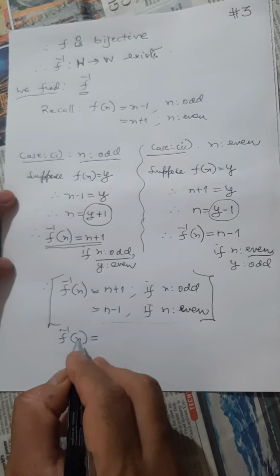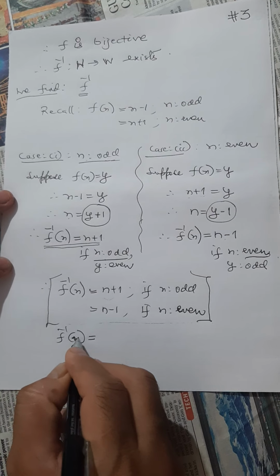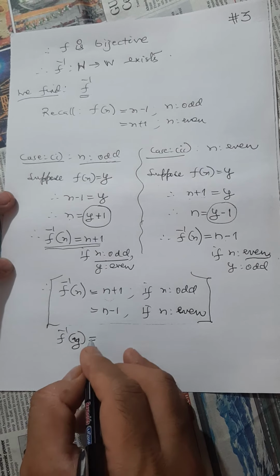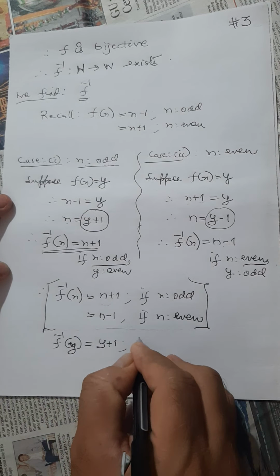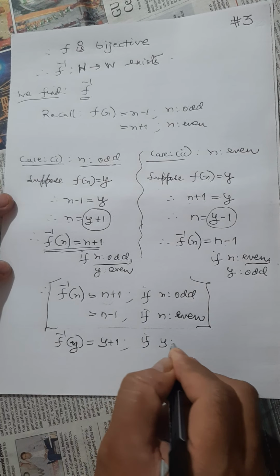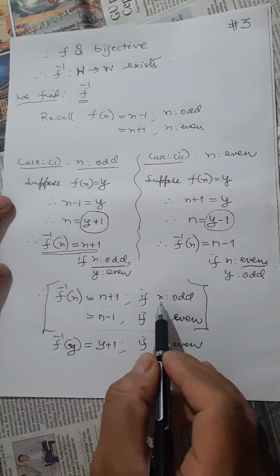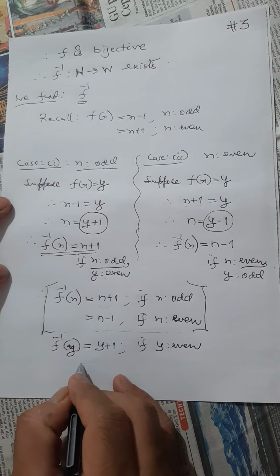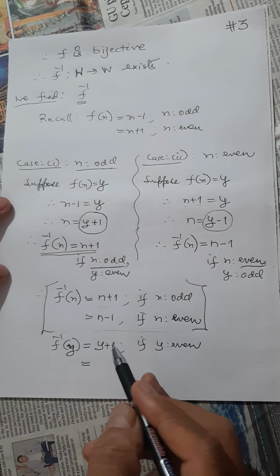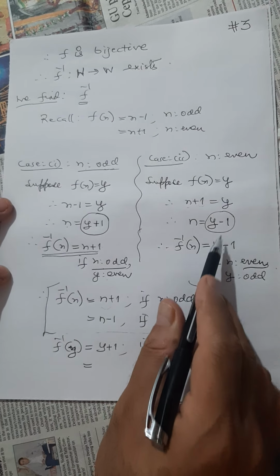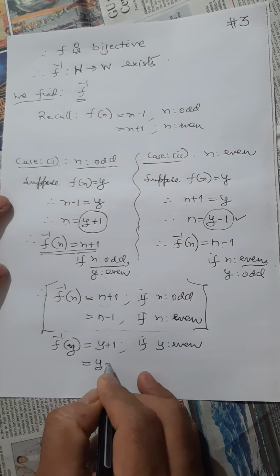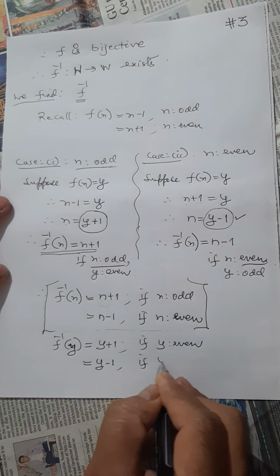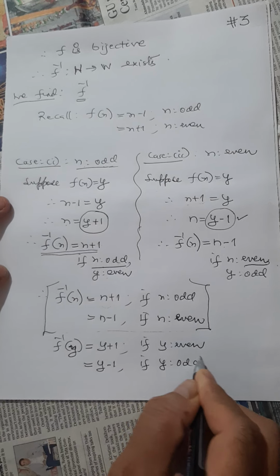So f inverse of y is y plus 1 if y is even, since n is odd, then y is even. And here y minus 1 if y is an odd number.